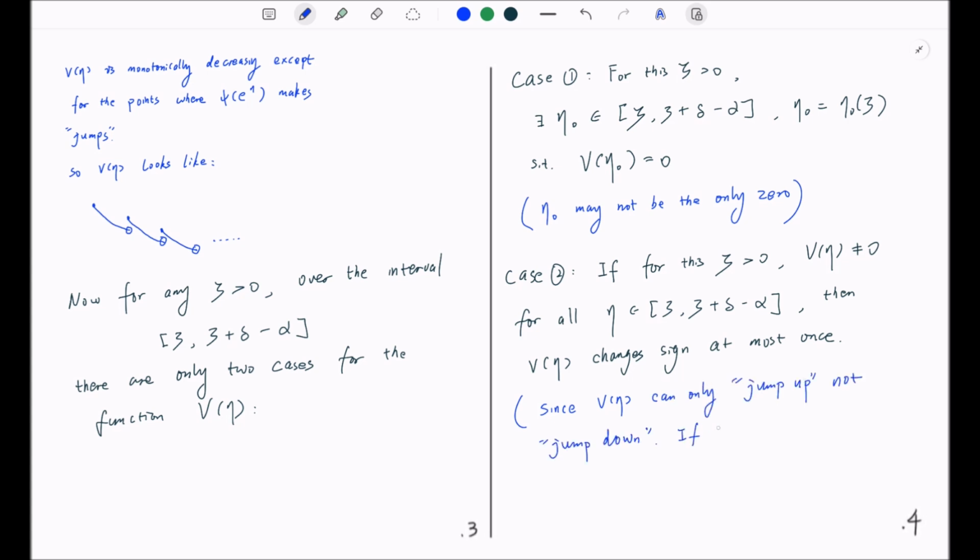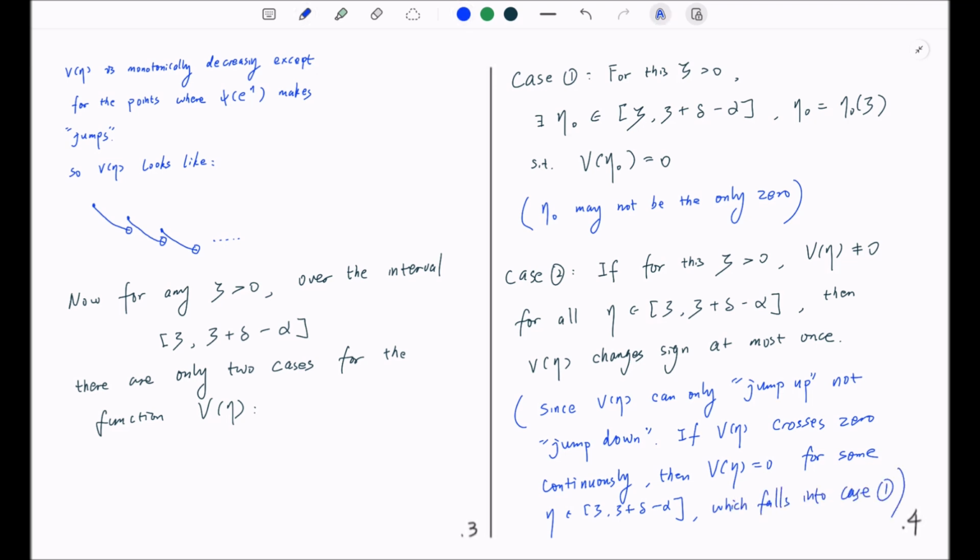If v of eta crosses 0 continuously, then v of eta will be 0 for some eta in this interval. But then it will fall into case number 1. So in case number 2, this should not happen.